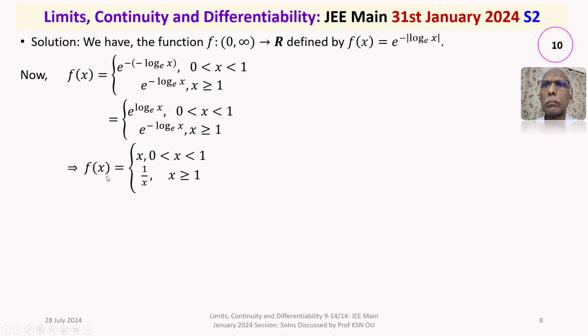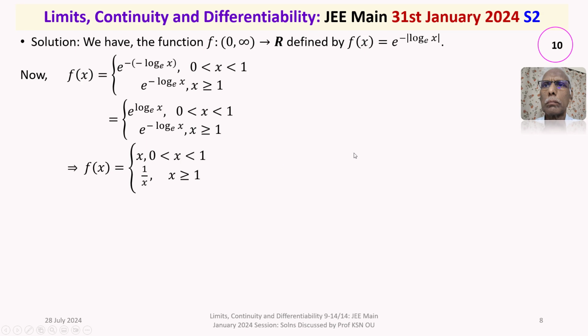Thus, this function f of x is continuous everywhere. Right. And now we can draw the graph of f of x very easily, because f of x is equal to x is a straight line in the open interval and 1 by x is a parabolic path for x greater than or equal to 1.